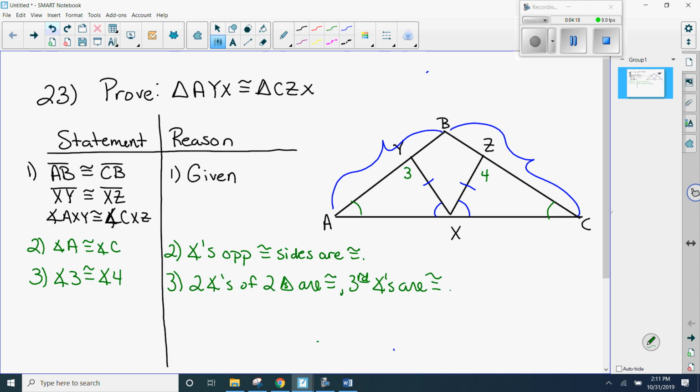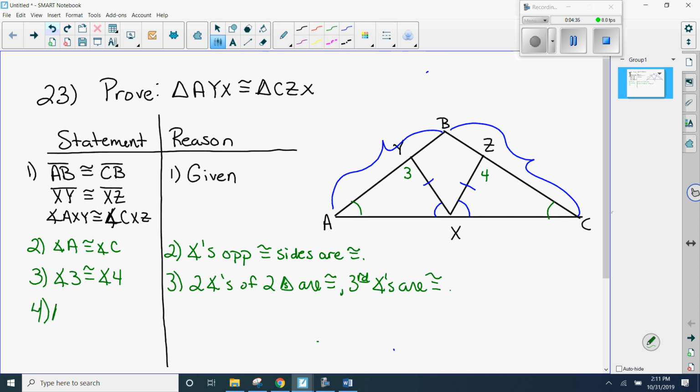And if they were 50 and 30, 3 would be 100. But the same thing occurs in the other triangle. So 4 is also 100. So those angles are congruent to each other. Do we have enough information to prove our triangles congruent to each other? Yes.